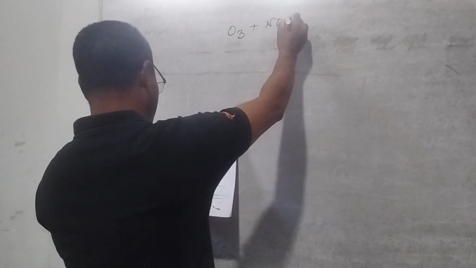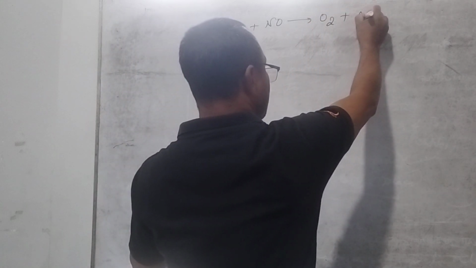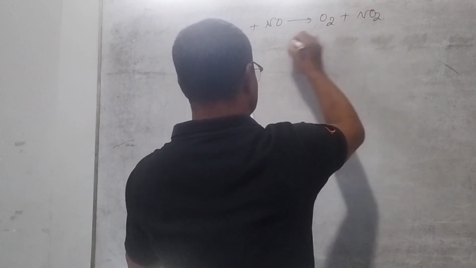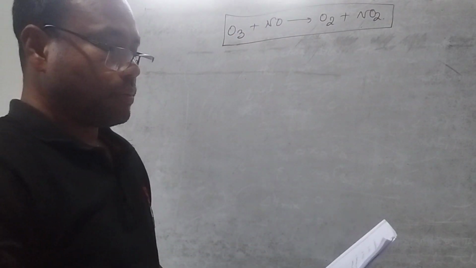Then question number 16. Ozone in the atmosphere, that is the stratosphere, is decomposed by nitrogen monoxide in an elementary reaction given as O3 plus NO gives O2 plus NO2. This is the reaction given there.